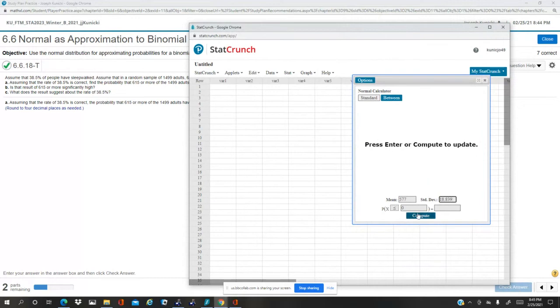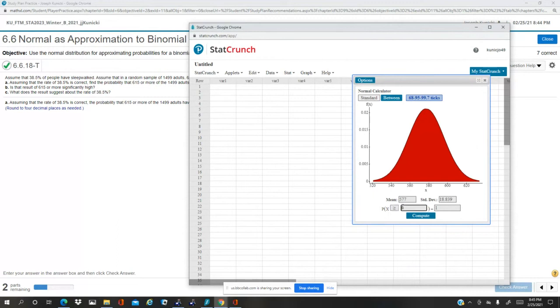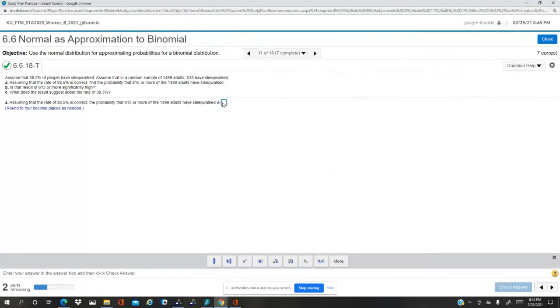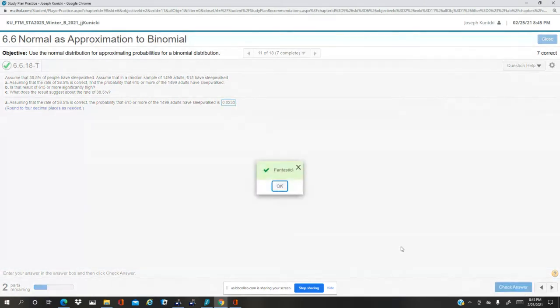And we want the probability that X is greater than, with the correction, it was 614.5. Compute. So to 4 decimal places, it's 0.0233. Okay, so that's the approximation.